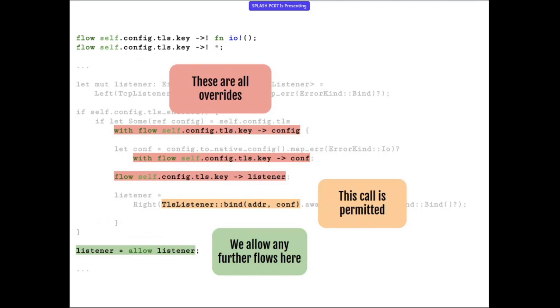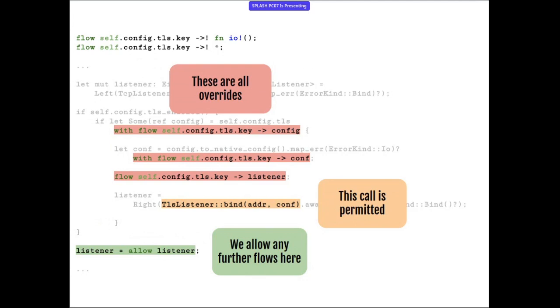And then finally, I mentioned the last time I looked at this call that once you call a TLS listener::bind, the normal abstraction mechanisms of the language have taken over. And at that point, you don't really need the IFC system anymore because you can't actually use this thing to get at the key. So here in the green, we use the allow construct that I talked about before.